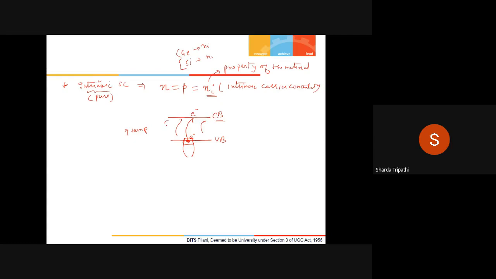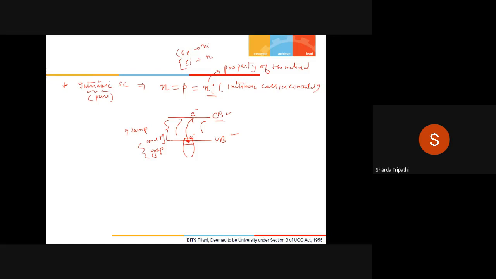This will depend upon the energy gap between these two bands, that is the conduction band and the valence band. Different materials like germanium and silicon have different values of energy band gap, which is a property of that material. So I say that this is very specific to a given material.